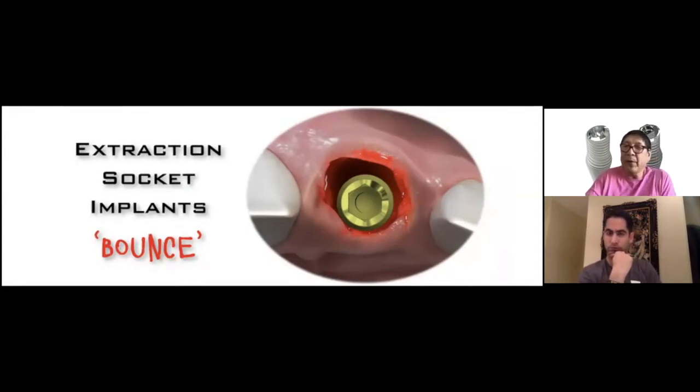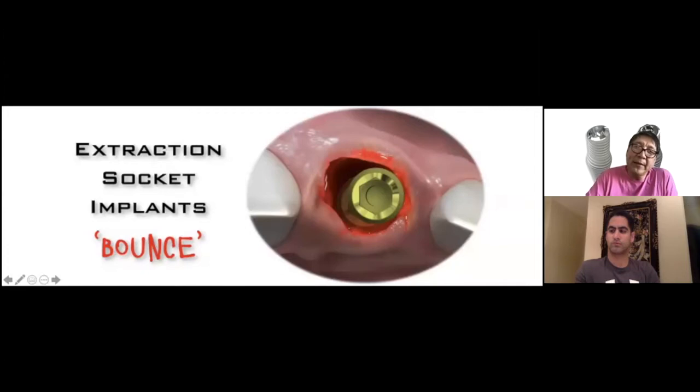The wider part of the tapered portion of the implant will hit or bounce off the palatal or interproximal, and it'll tend to move a little bit to the buccal, but also to the distal, because, like I said, the distance between central and lateral is always less than between two central incisors. That's been anatomically proven in study. A little bit too far to the buccal, a little bit too far to the distal.